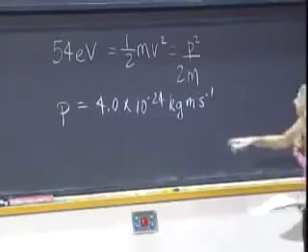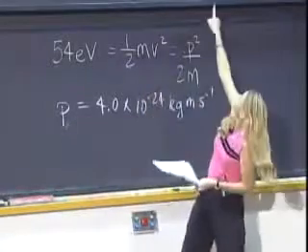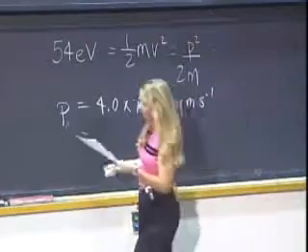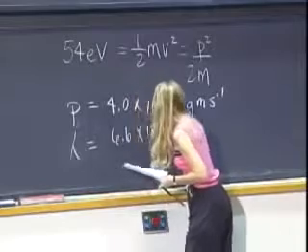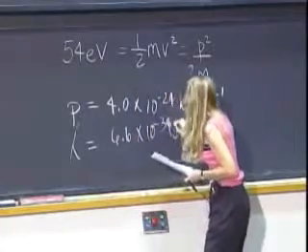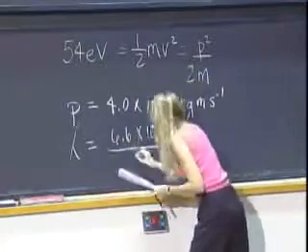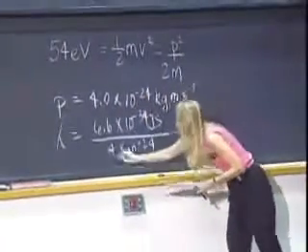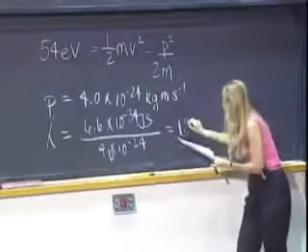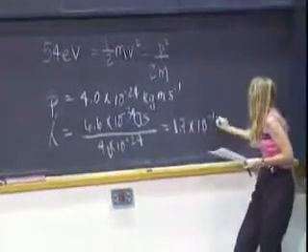And now I can take this momentum and plug it into the expression for de Broglie's wavelength, 6.6 times 10 to the minus 34 joule seconds over the momentum, 4 times 10 to the minus 24. Hey, what do I get? 1.7 times 10 to the minus 10 meters.